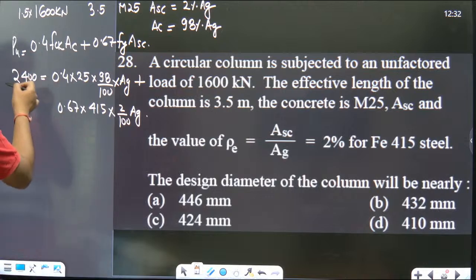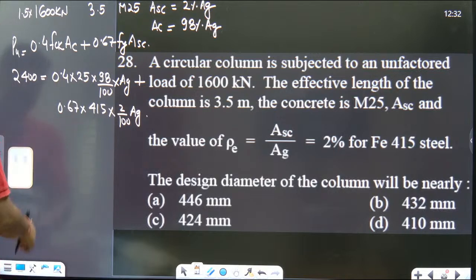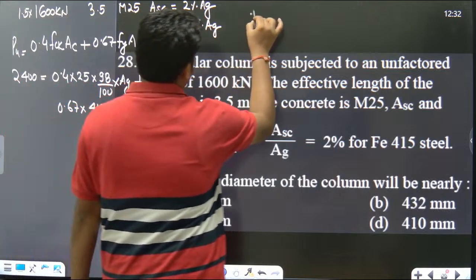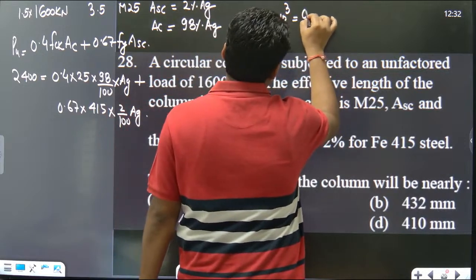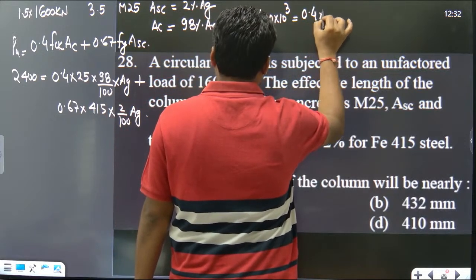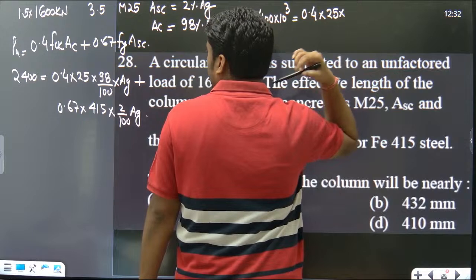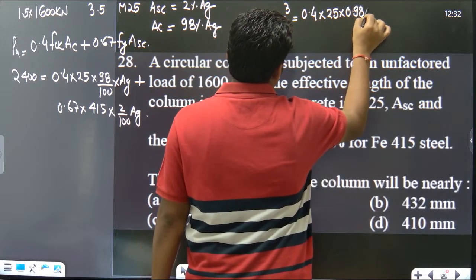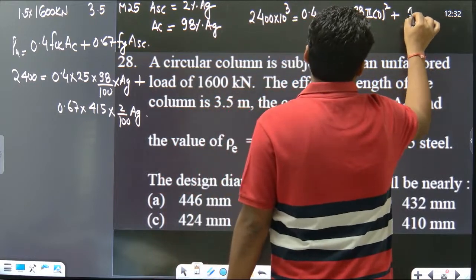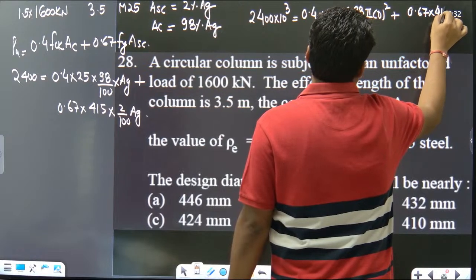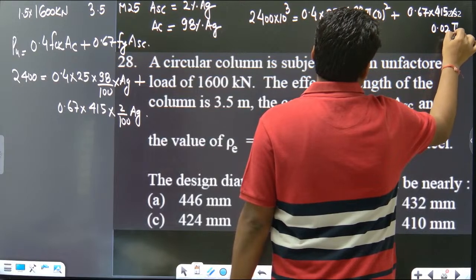In order to convert this into kilonewton, convert this into Newton. So the equation will look like this: 2400 into 10 power 3 is equal to 0.4 into 25 into 0.98 into pi by 4 into capital D square, plus 0.67 into 415 into 0.02 into pi by 4 into capital D square.